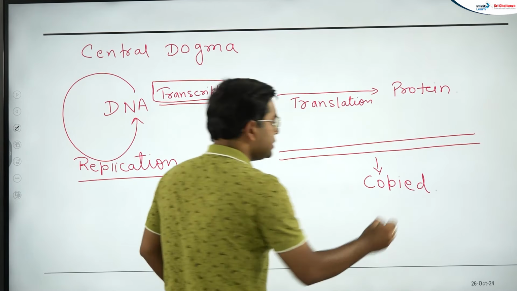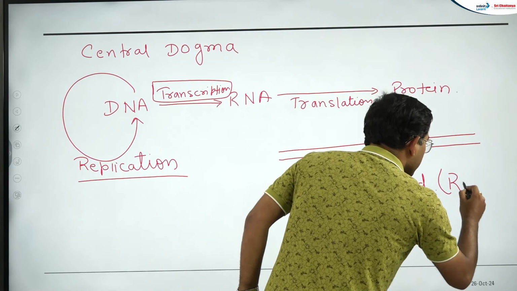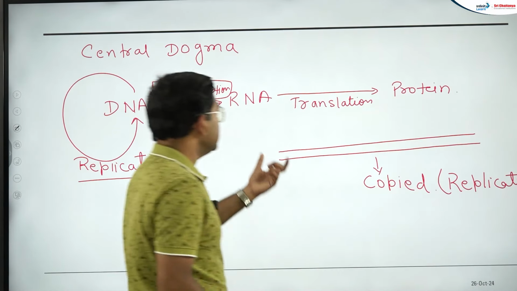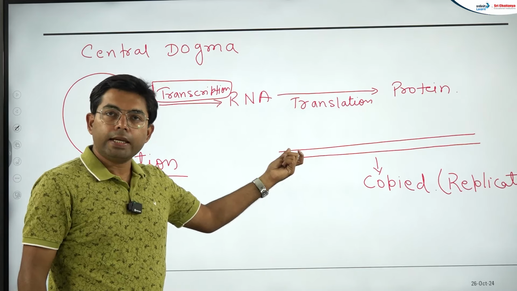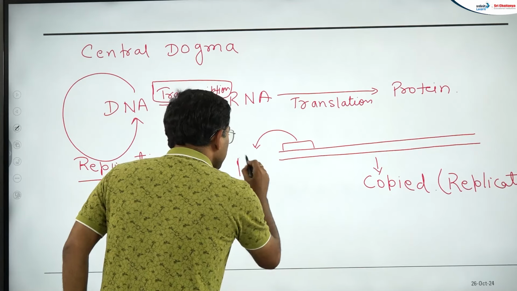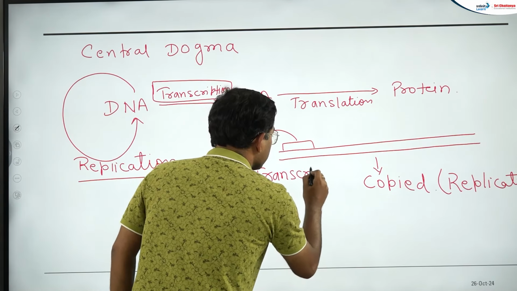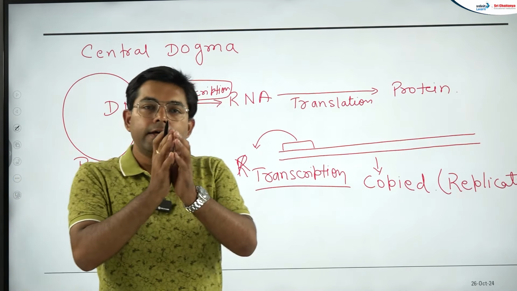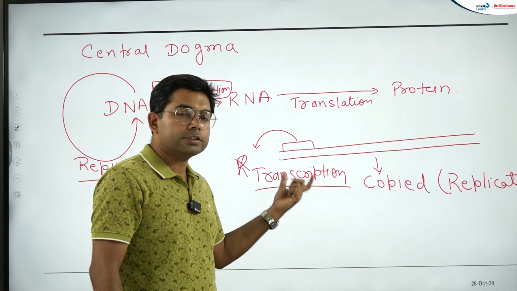The entire segment of DNA gets copied in replication, but when it is transcription, then not the entire part of the DNA, but some specific part of DNA will undergo transcription, right? So the first difference is that the entire DNA will undergo replication and a part of DNA will undergo transcription.